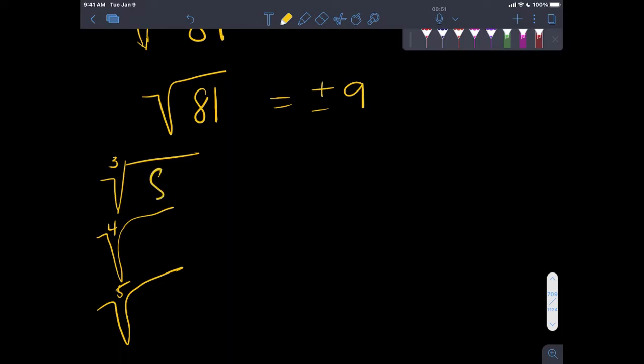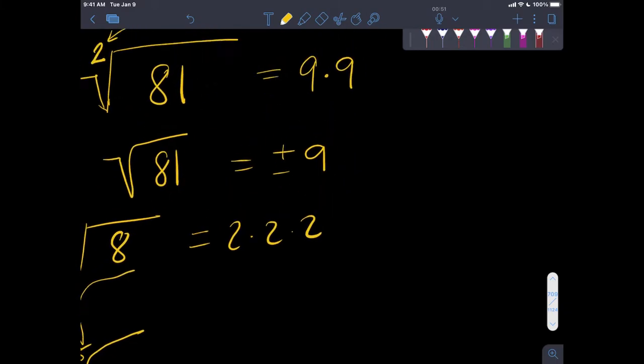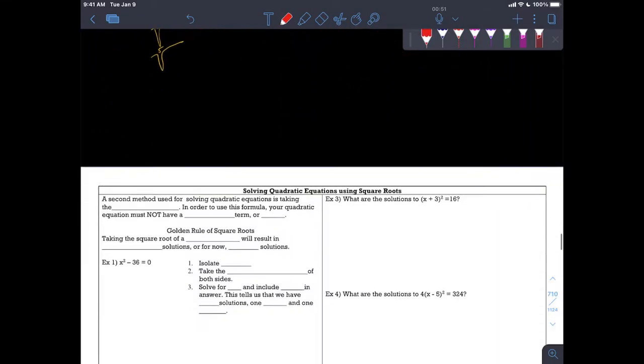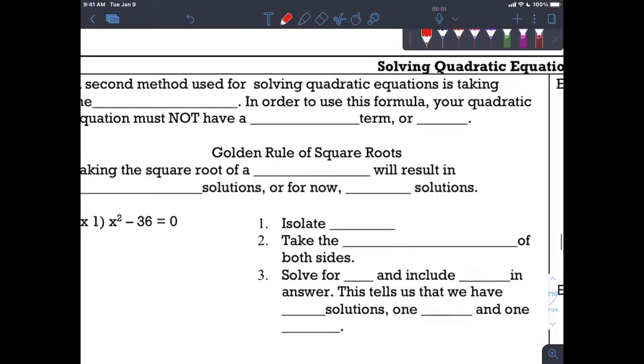For example, the cube root of 8 is 2, because 2 times 2 times 2 is equal to 8. Okay? But the most important part to remember is this. The fact that it has two answers. So this is going to be super important in what we're doing today. So let's go ahead and jump into it and let's get into those notes.